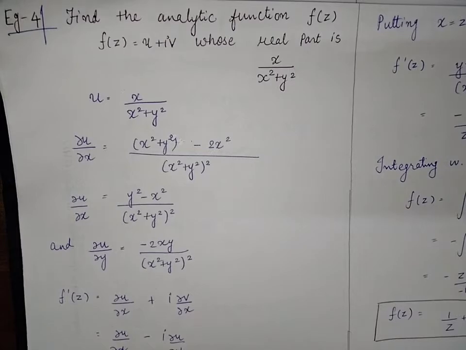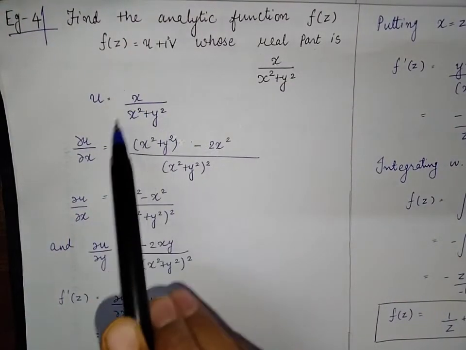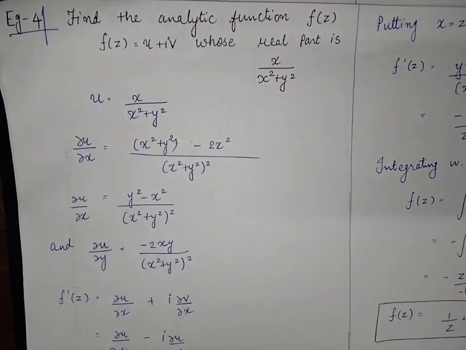So example 4. Find the analytic function f of z equal to u plus iv, whose real part is x by x square plus y square. Real part is given, it means u is given. So u is x by x square plus y square. The step 1 will be, you have to find del u by del x and del u by del y.